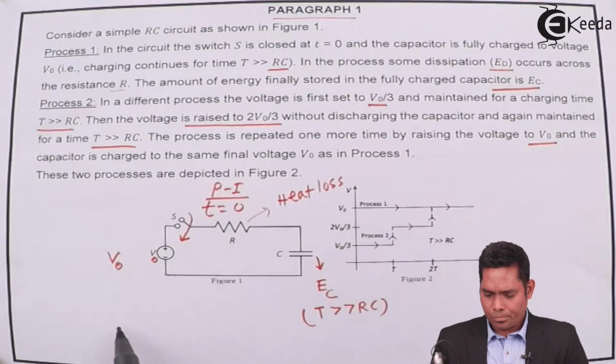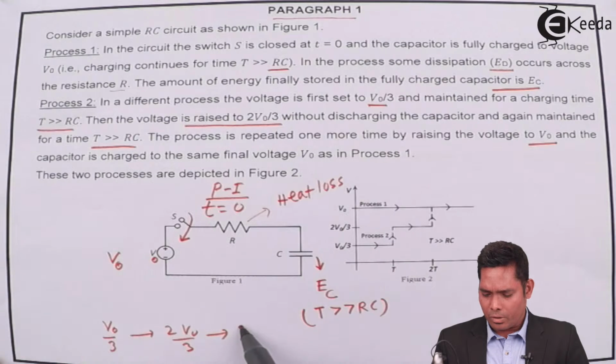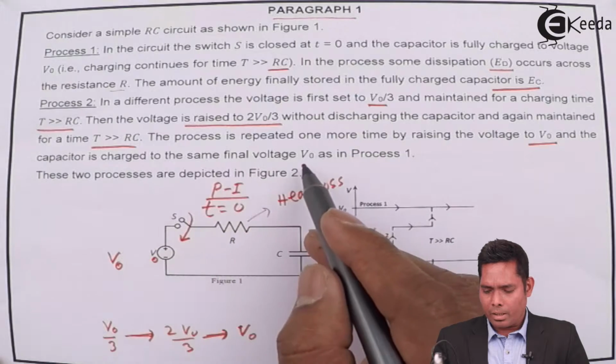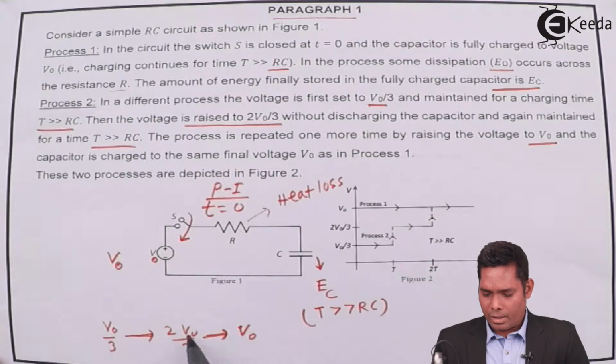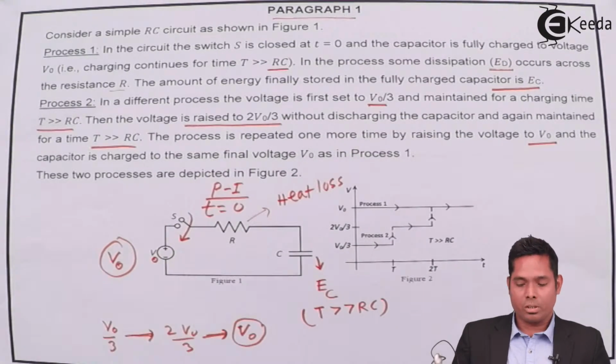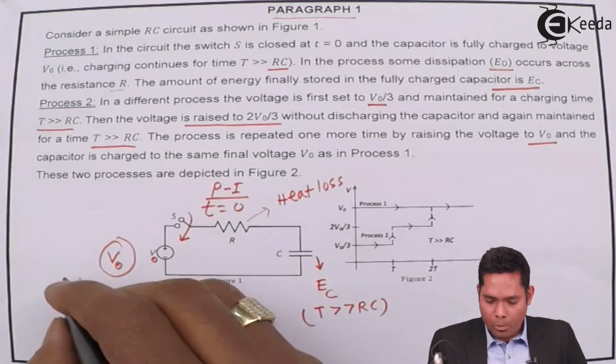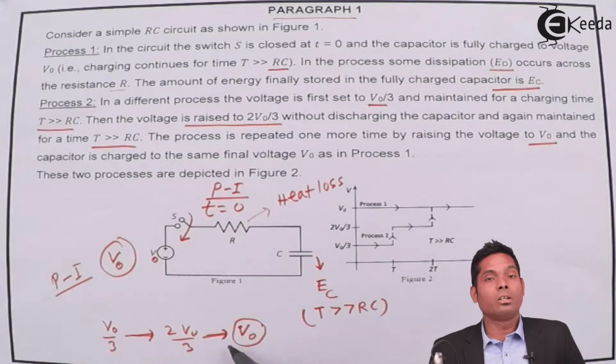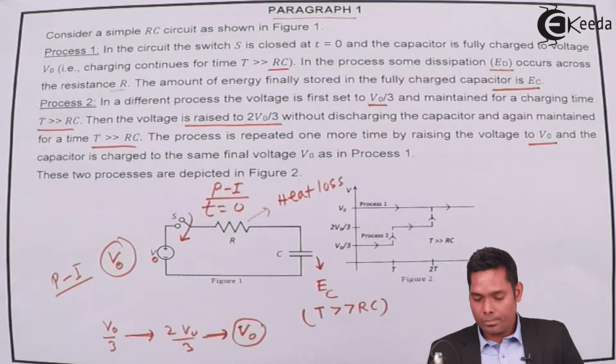So from V0 by 3 to 2V0 by 3, then 3V0 by 3, that is V0. So the voltage is gradually increased in steps, and the capacitor is charged to the same final voltage V0. Finally in the second process we are achieving V0 as in the first process. But in process 1 we directly give V0 initially, whereas here in steps we are increasing the potential to V0.